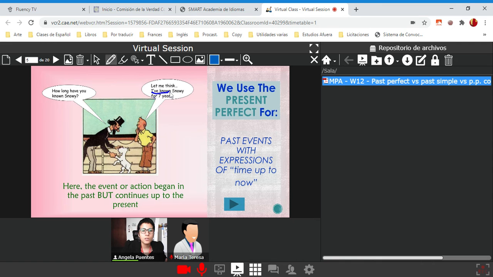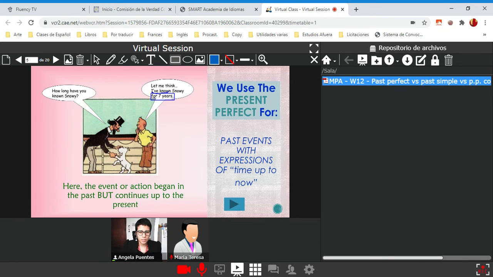He conocido, okay, and you use the expression for 7 years. So for 7 years and it's still ongoing. You can also use since here, but we're going to check since in a few minutes. Okay, so don't worry. The action began in the past but continues up to the present, starting in the past but continuing until today.